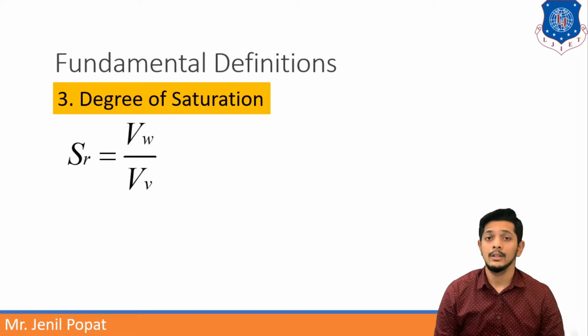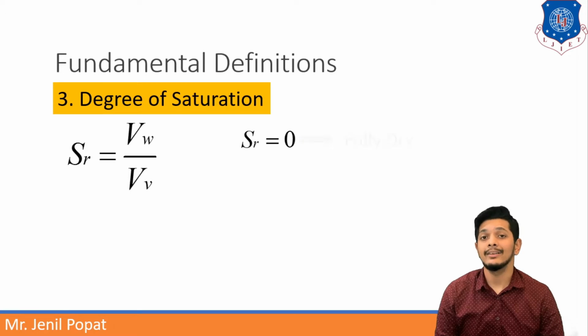Third definition is degree of saturation. Degree of saturation is denoted by capital S with suffix r, Sr. Sr is equal to Vw upon Vv. Degree of saturation can be defined as the ratio of volume of water to volume of voids. If the volume of water is 0, as in a fully dry soil, then the Sr value will be 0.